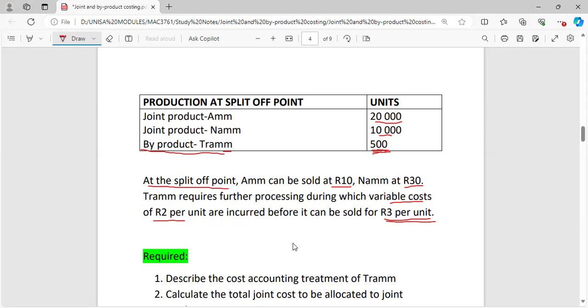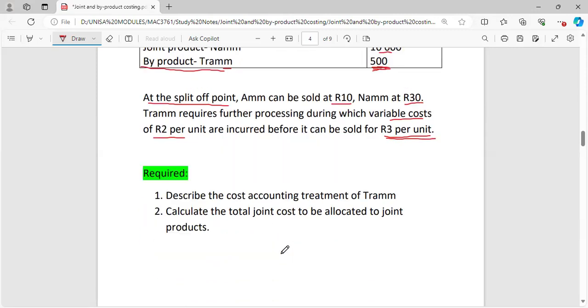Those are the things that you should quickly identify in your question, so that you know how to treat or how to come up with the joint cost.